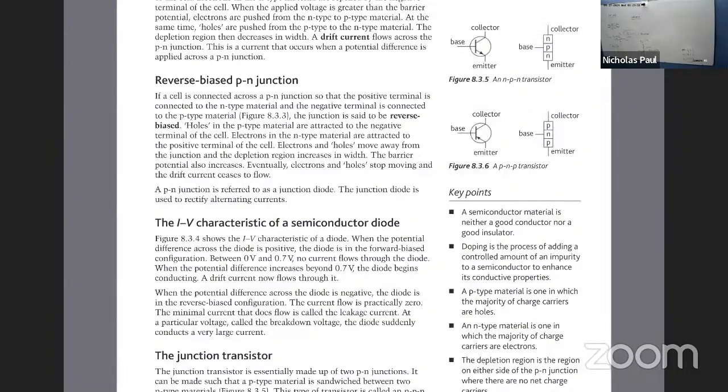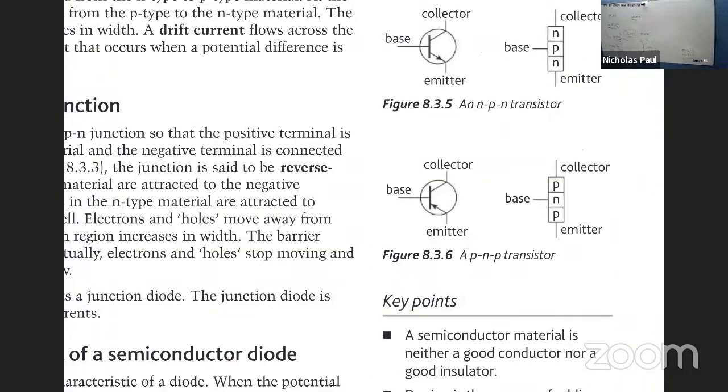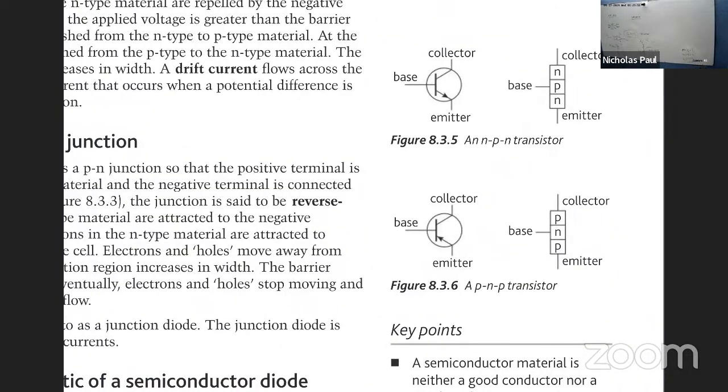Right, and here we have transistors, right? If you have an N type, P type, N type, that is an NPN transistor, right? This is the way it's set up. If you have a PNP transistor, this is the way it's set up.